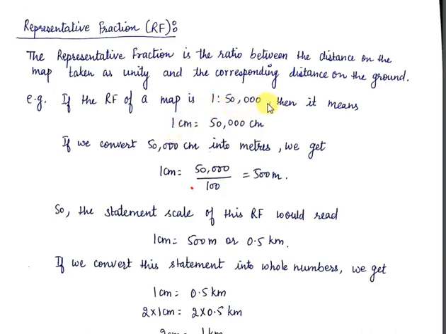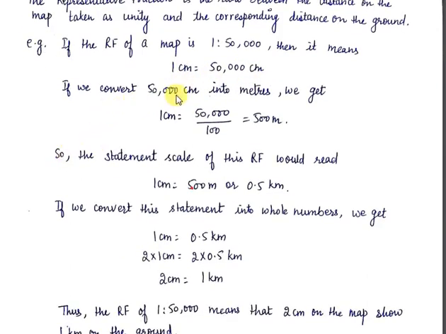If 1:50,000 is given, that means 1 centimeter on the sheet is equal to 50,000 centimeter on the ground. If we convert 50,000 centimeter into meters, we get 1 centimeter is equal to 500 meter. So the statement scale of this RF will read 1 centimeter is equal to 500 meter or 0.5 kilometer.